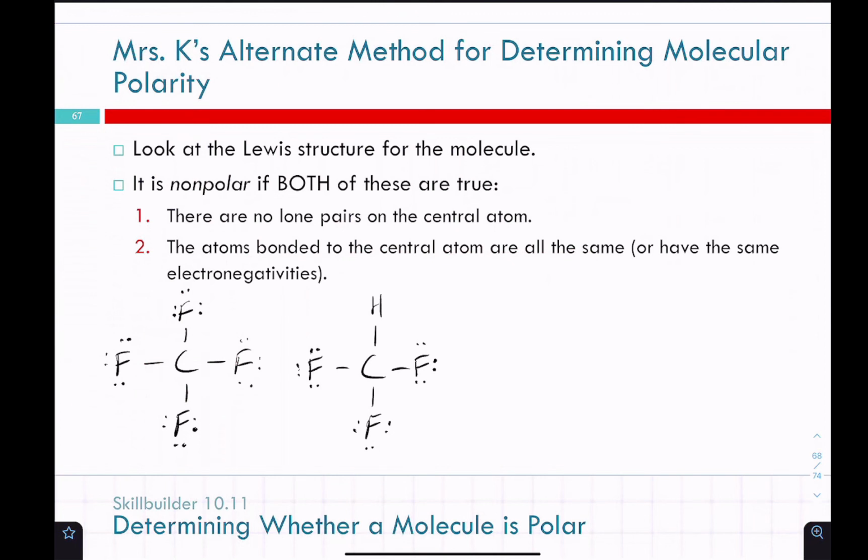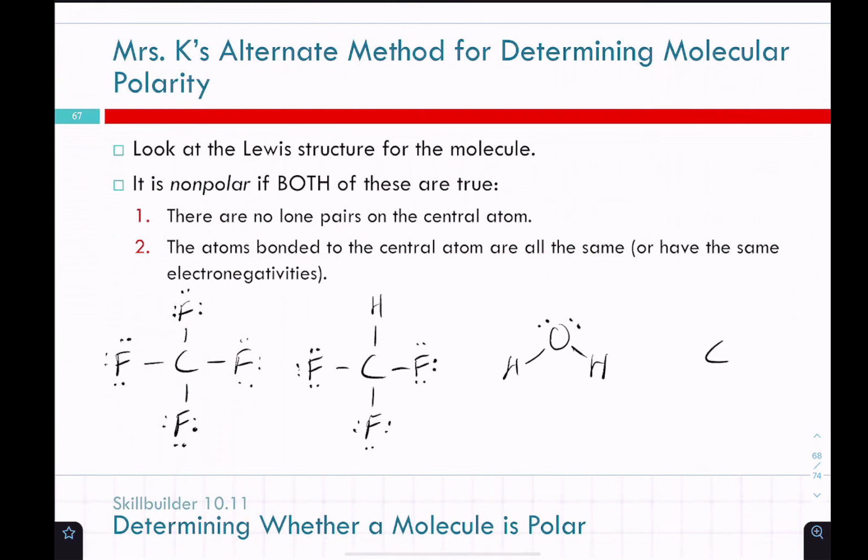So if there's any lone pairs, water, for example, are there lone pairs on the central atom? Yes, it's polar. So lone pairs on the central atom, it's polar. If one of the attached atoms has higher electronegativity than the others, it's going to be polar.